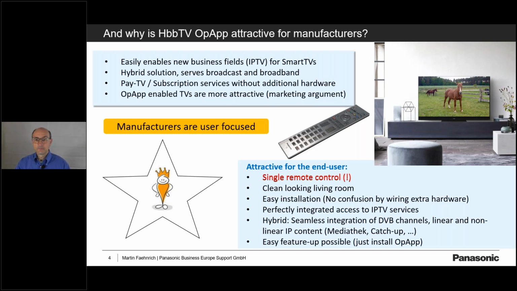If you, for example, look at the living room in the picture there, there's no set-top box, nothing. And this is usually preferred by users. There's easy installation, perfect integration, no additional hardware, no problems with wiring. This is really a very much honored feature from consumers.